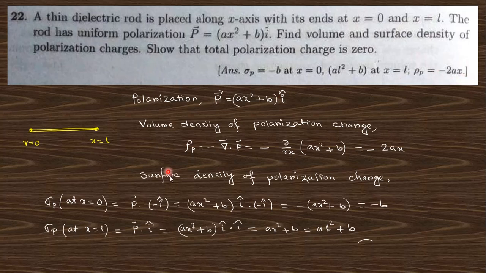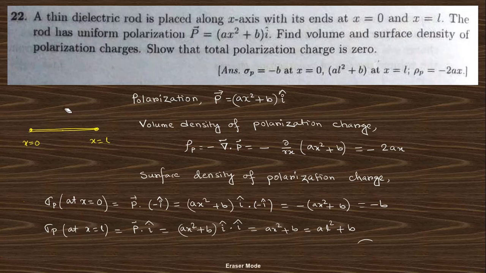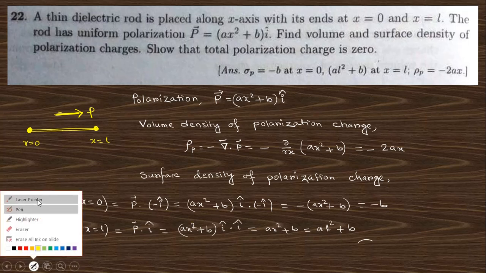Clear? For the surface, you can see there are two ends, because the polarization is along this x-axis. So the charge will be at these two ends only, no charge in between on this surface. Only at these two ends will surface charge accumulate.